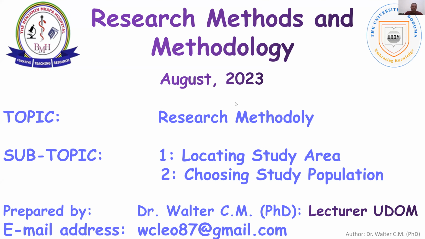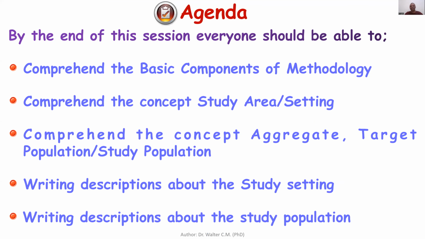Our session will cover almost 5 specific objectives. By the end of this session, we are expected to understand the basic components of the methodology and the concept of study area or setting, but also the concept of study population, which others call target population or aggregate.